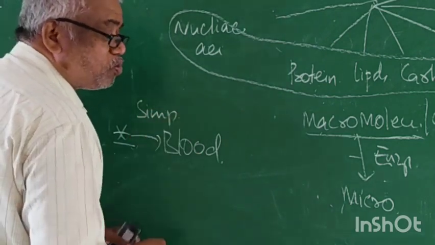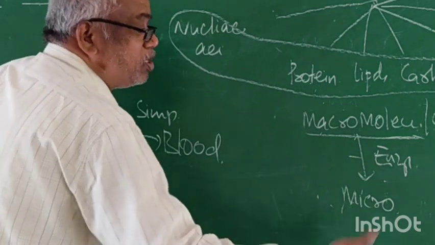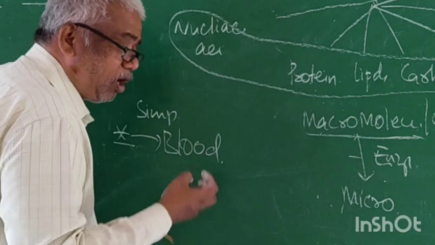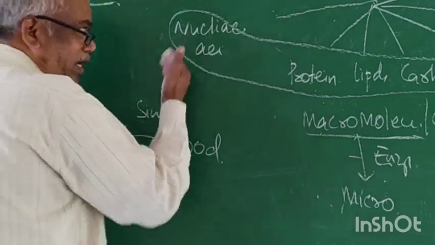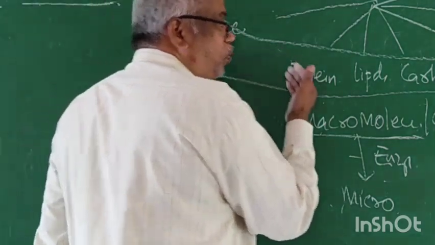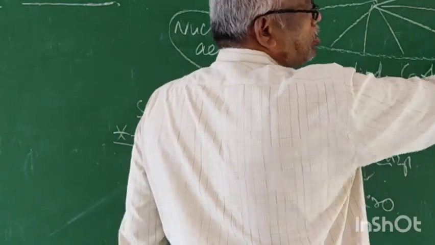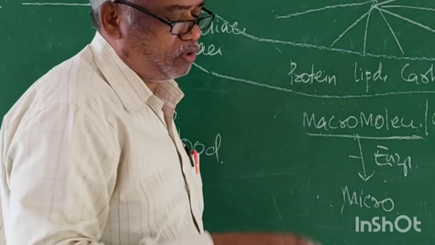Simple substances are those which are ready to be absorbed into the blood. Our daily food contains nucleic acid, protein, lipids, carbohydrates, vitamins, minerals, and water. This is the composition of our daily food.